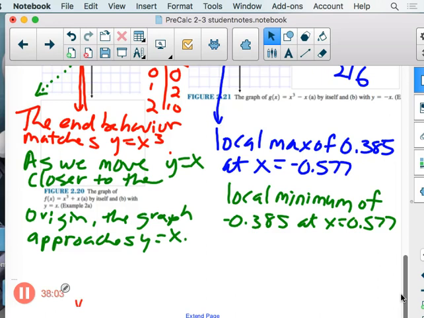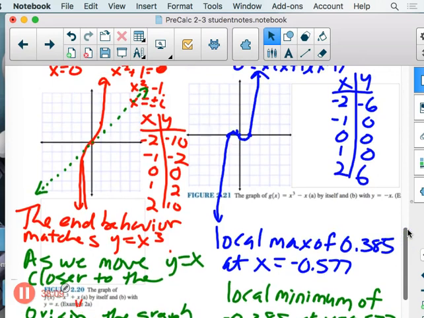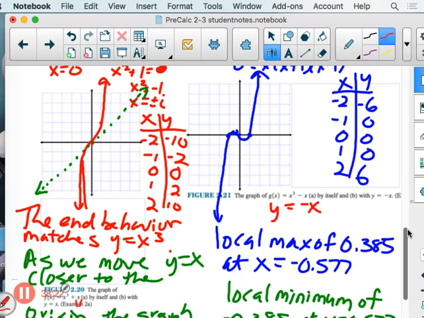Oh, we've got to talk about the shape of this graph. It still is a cubic. I mean, very obviously it still is a cubic. The end behavior is definitely cubic stuff. But let's see, the second part of this would be what's going on with y equals negative x, because it was x cubed minus x.